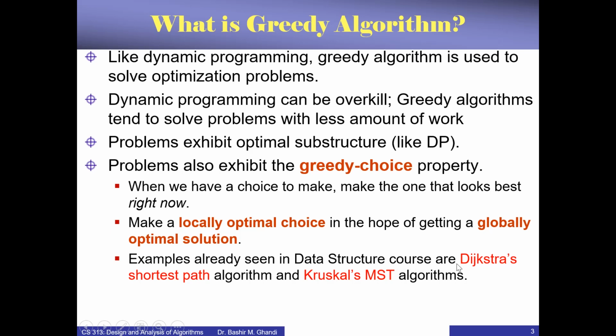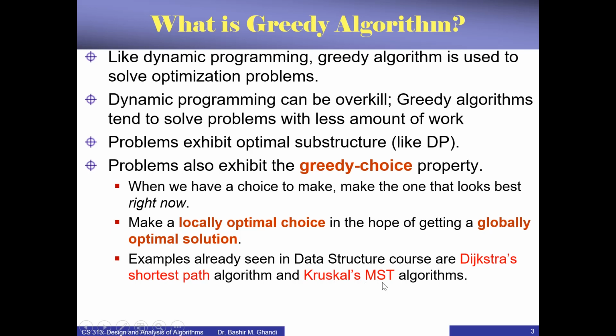If you recall the Dijkstra shortest path algorithm, at each step we choose among the costs that we have the minimal one, hoping that it will lead to an overall minimal solution. So Dijkstra's algorithm is an example of a greedy algorithm.